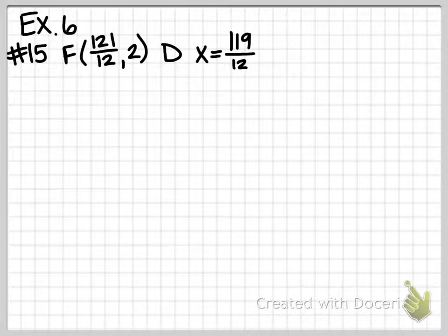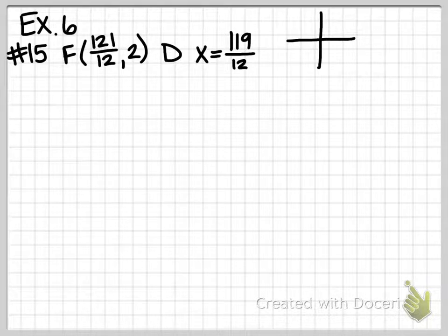Okay, so now number 6, this is actually number 15 from your homework. So this one, the focus is at 121 over 12, comma 2, and the directrix is x equals 119 over 12. So again, I'm going to sketch a little picture just so I can visualize what direction this might be going.